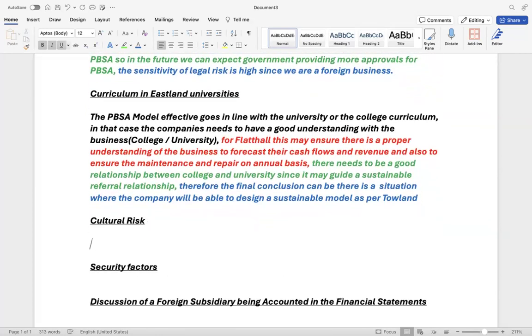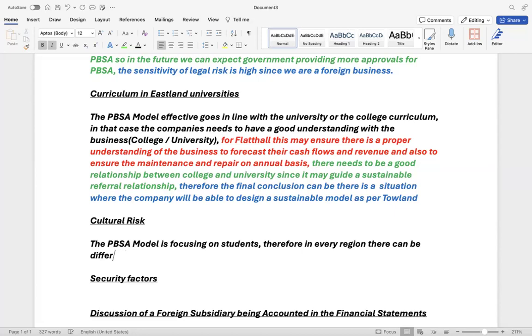Cultural risk. Now, students, this is very important. So I'll just go through this. The PBSA model is focusing on students. Therefore, in every region, there can be different student culture. That is one factor.